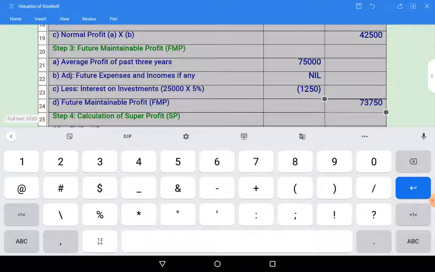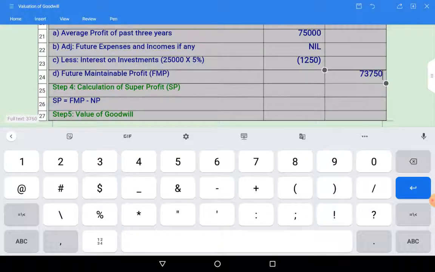Okay, from 75,000 if you deduct 1000 it will be 74,000, minus 250 is 73,750, right? This is your future maintainable profit, FMP.